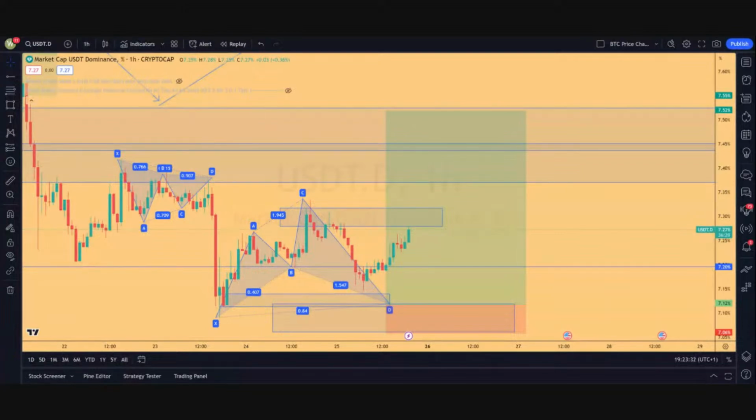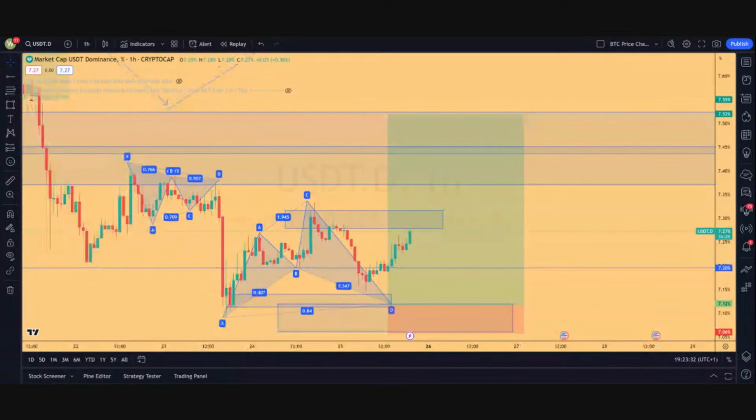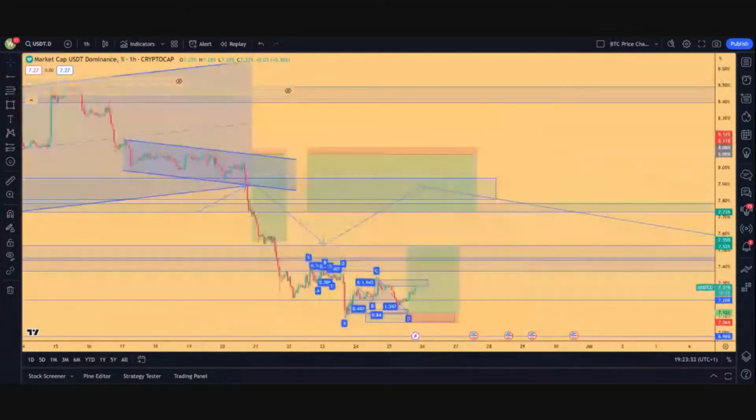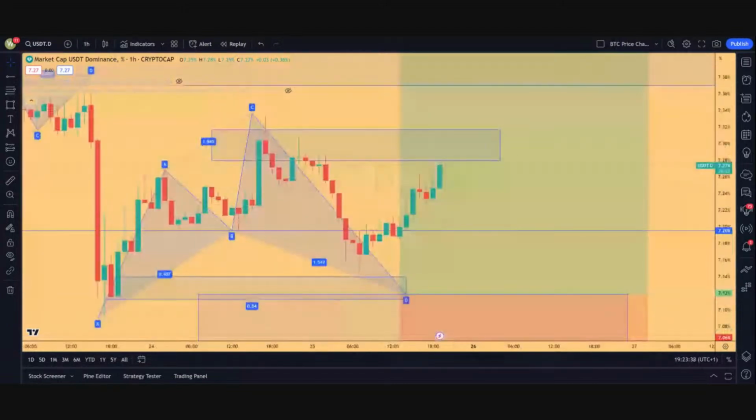So what you want to do is just key into the confluence of what we are expecting on these assets and on these trades, and then ride them as they come to us, or as the market presents the opportunity to us.